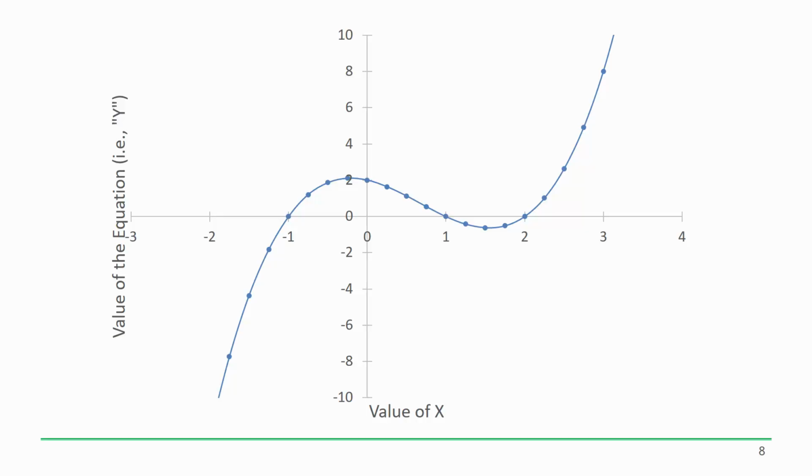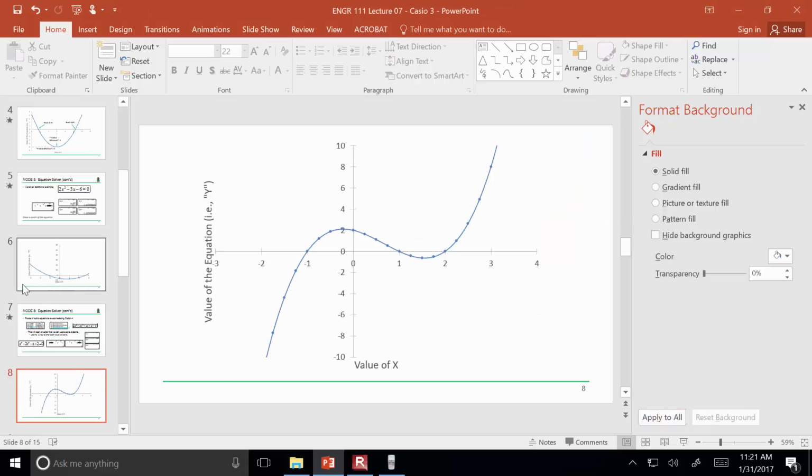So I started here. I said I'm going to start with -2, and then in steps of, it looks like I did it in quarters. So this is -1.75, -1.5, -1.25, -1, and so on. So the roots that it reported are the crossover points, where the x values are that we should substitute into the function to make it equal to 0, as it said here.